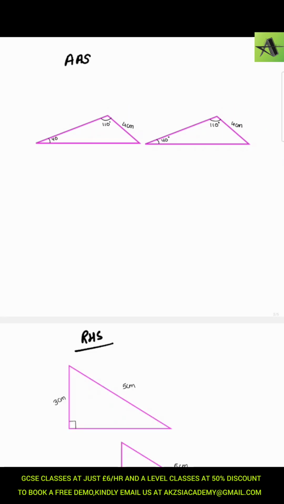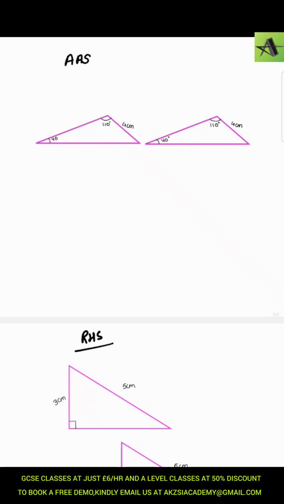Next one is AAS, which is angle, angle, side. So again it's in order. First angle, and then it has to be the side. In the triangles given below, you can clearly see one pair of corresponding angles is equal. Then the next one is angle.